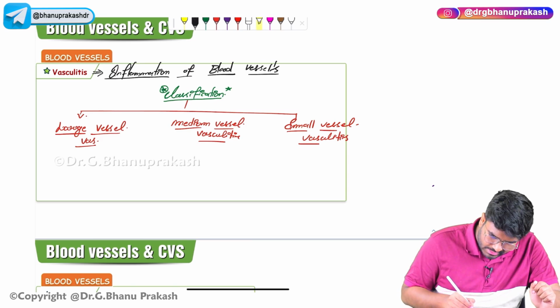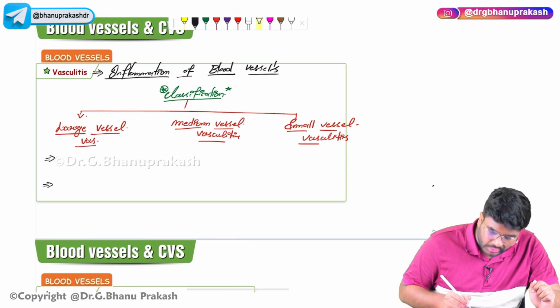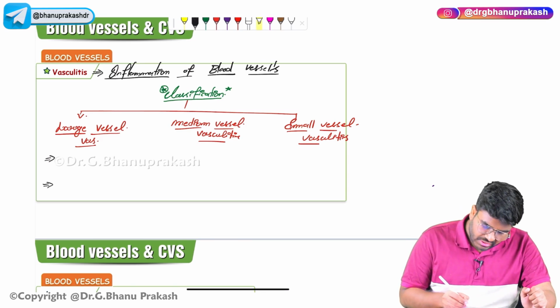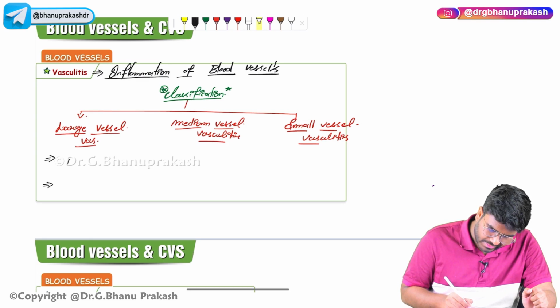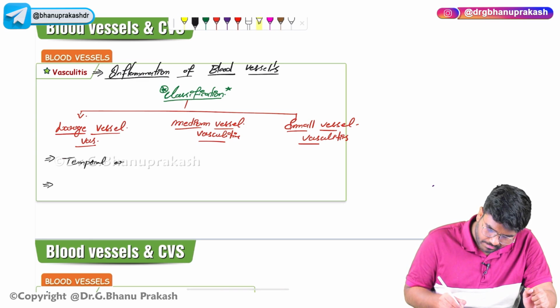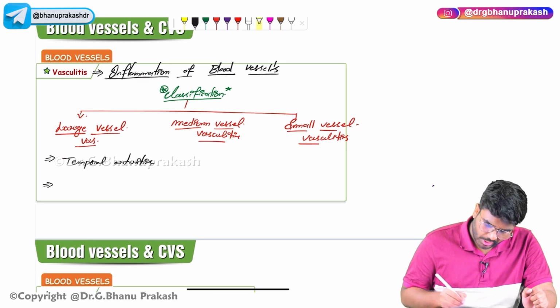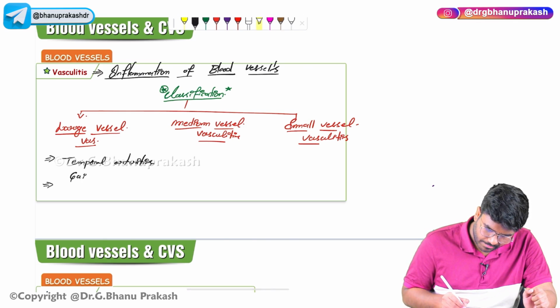Now what are the examples of large vessel vasculitis? The 2 T's which you should know. The large vessel vasculitis is of 2 types. One is called the temporal arteritis. This temporal arteritis is also called giant cell arteritis.